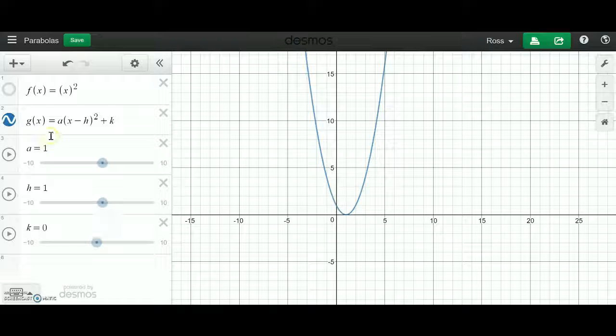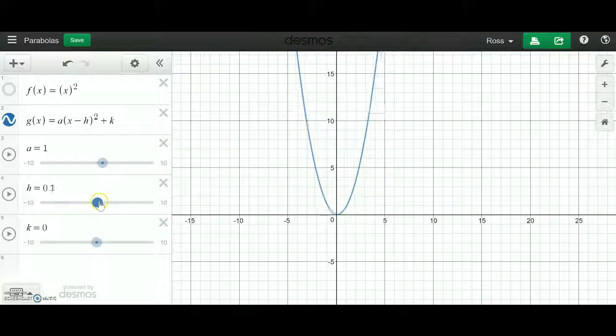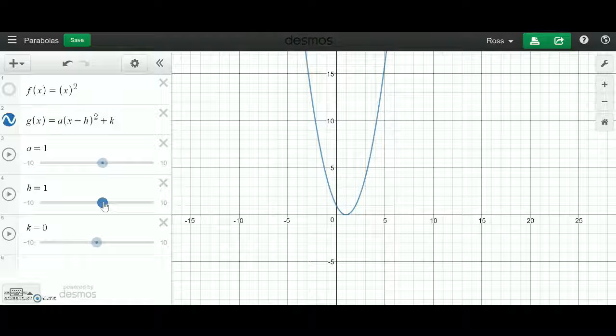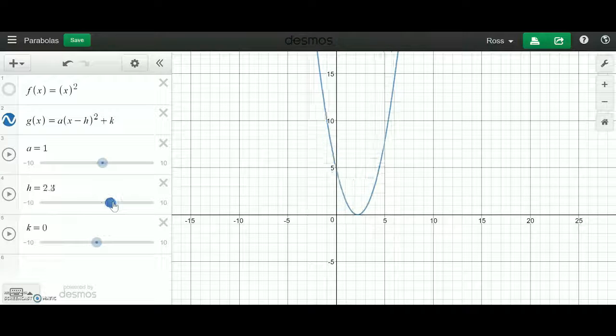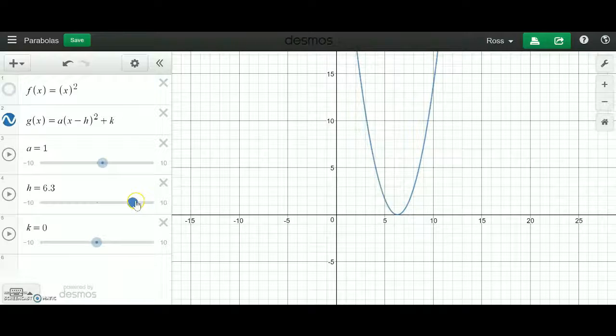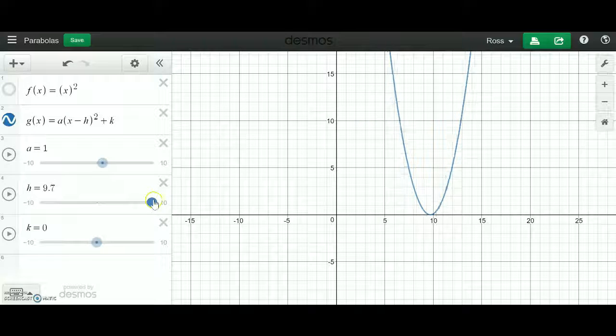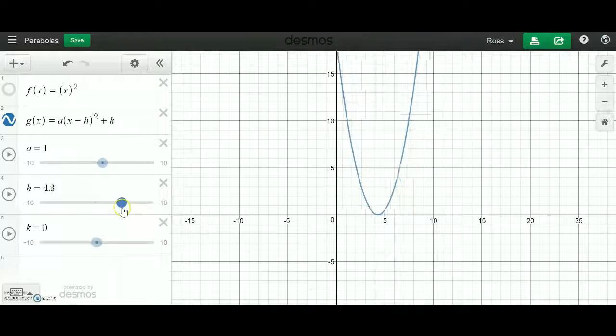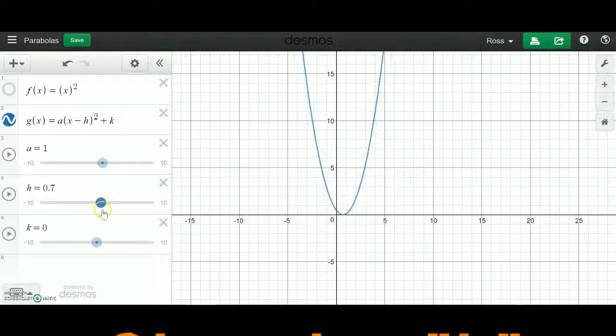So x minus 1 squared gave me a horizontal translation to the right. From 0 to 1 gives us a horizontal translation. And if I continue on with a larger positive number that would be subtracted, it's going to give me a larger horizontal translation. I'm moving further from the origin.